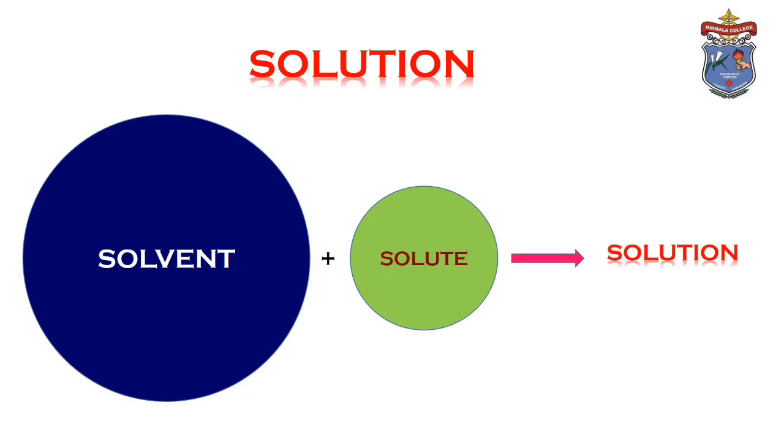Solute, the substance that dissolves in a solvent to produce a homogeneous mixture is termed as a solute. Usually in a solution, the solute is present in a smaller proportion. Hence, together the solvent plus the solute will make up the solution.